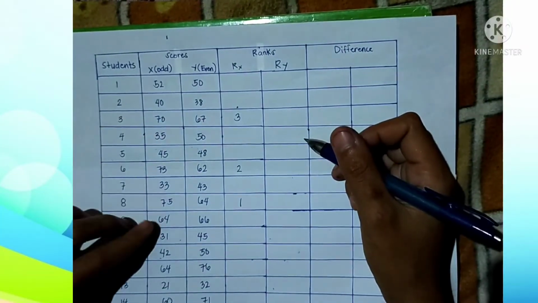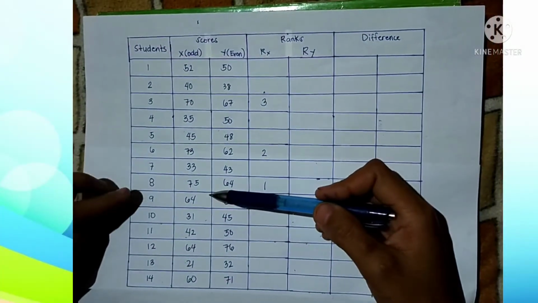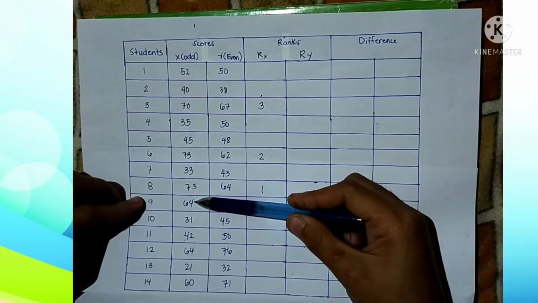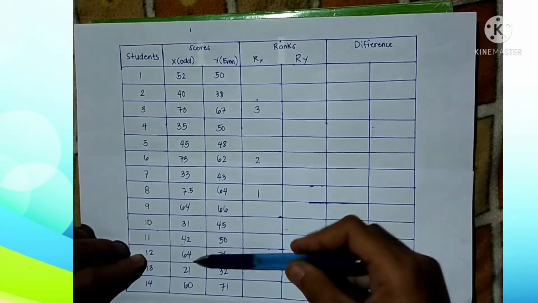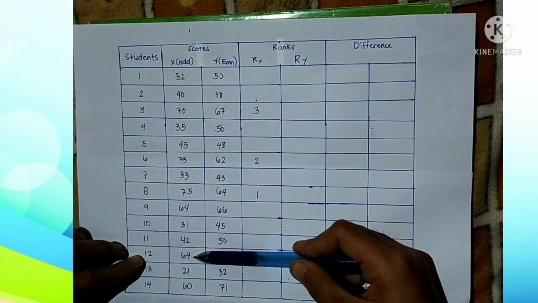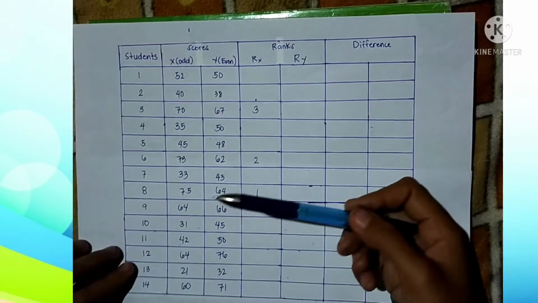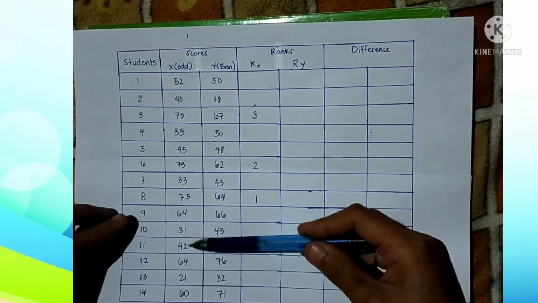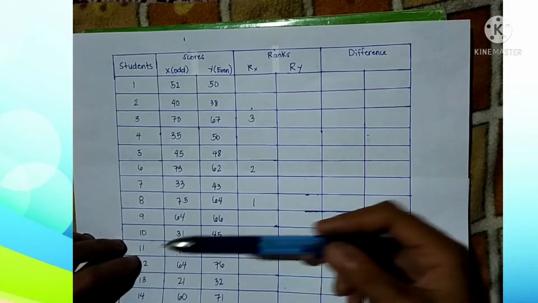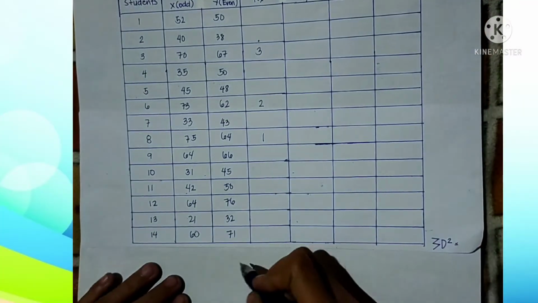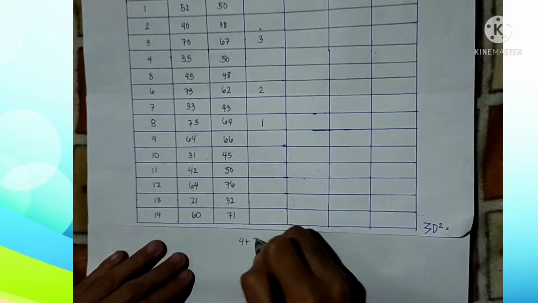Next is 64. But when you look carefully at student number 9 and student number 12, they have a tie score. So they are supposed to be rank 4 and rank 5. In this case, we are going to add 4 plus 5.